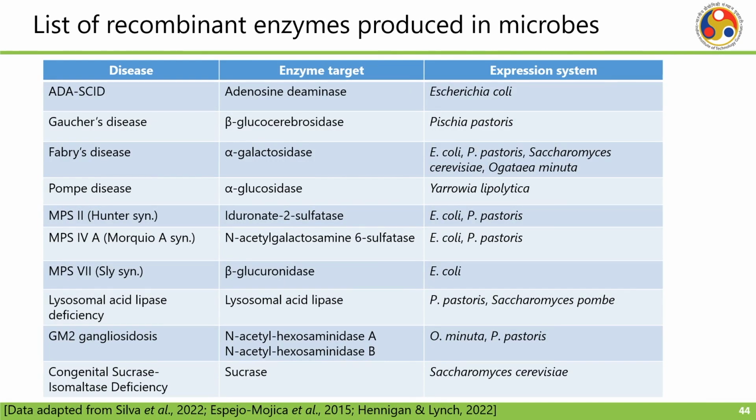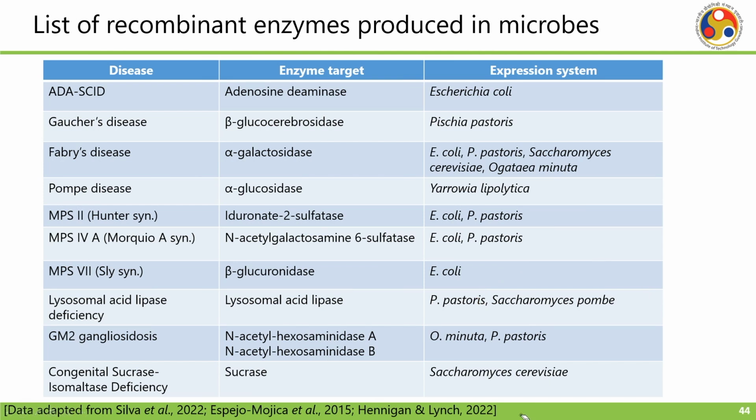So, we have numerous recombinant enzymes produced in microbes against various diseases, and the expression systems range from E. coli, Pichia pastoris, Saccharomyces cerevisiae, then Ogataea minuta, then Yarrowia lipolytica, and then we also have Schizosaccharomyces pombe.